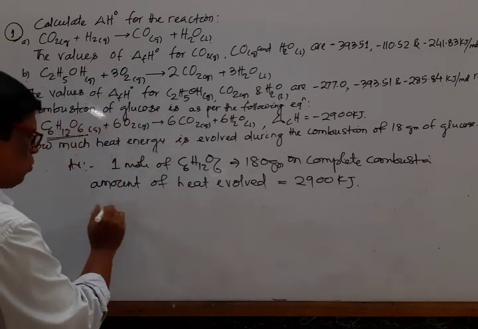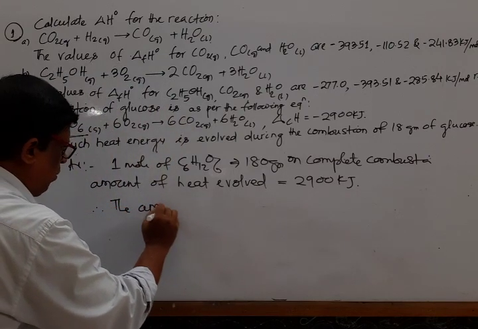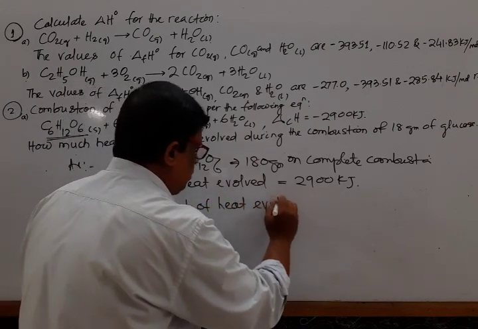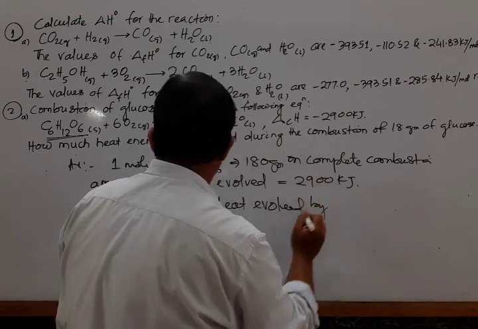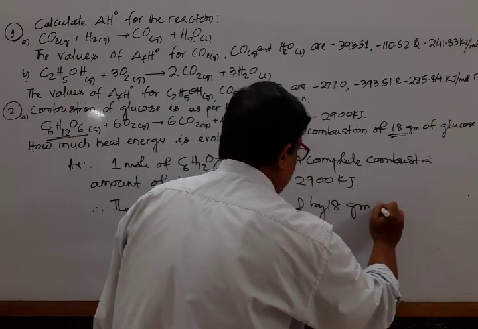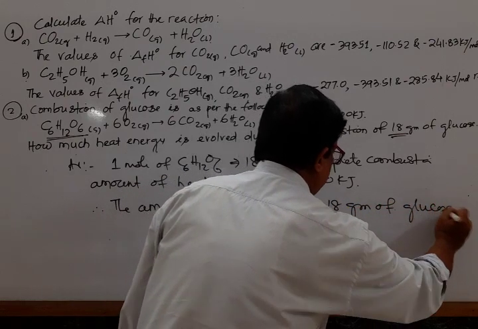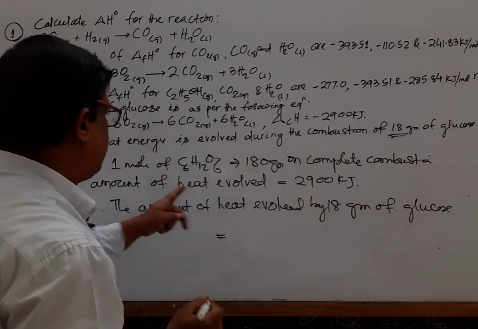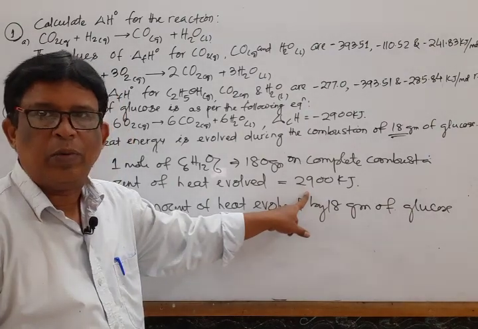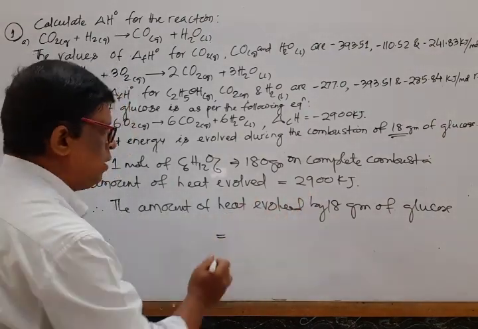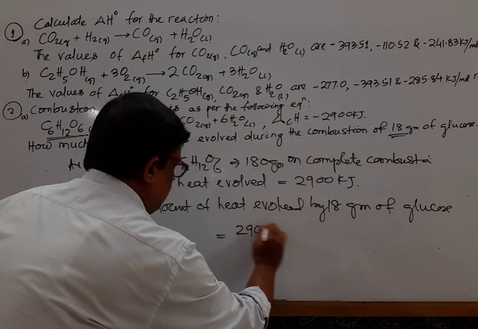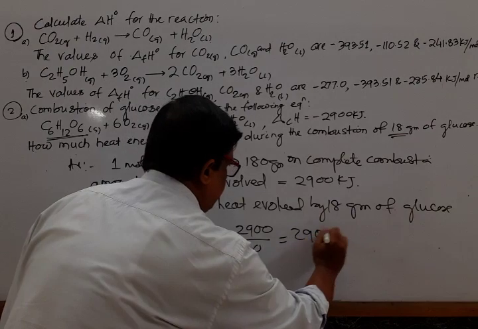Then, according to the question, the amount of heat evolved by 18 gram of glucose is equal to, mark that, if 180 gram of glucose undergoes complete combustion, this is the amount of heat evolved, then for 18 gram, that is 2900 by 10, equal to 290 kilojoule.